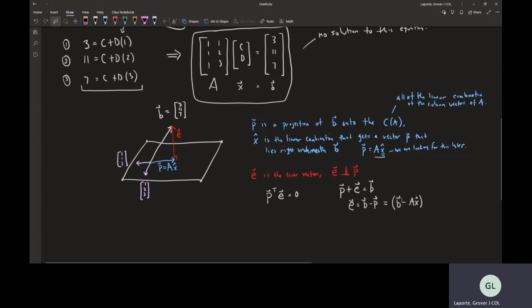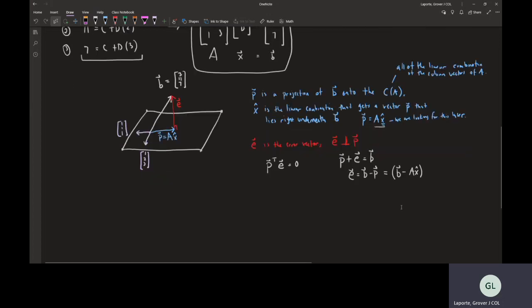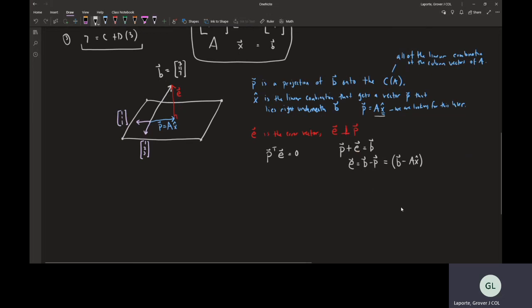So all of those things come around, and we can say, well, if this is true, then all I'm going to do is take this E vector and put it in for E. And I'm going to replace that P transpose. So I know that it's going to be A, so I'm putting all of these things in at the same time.